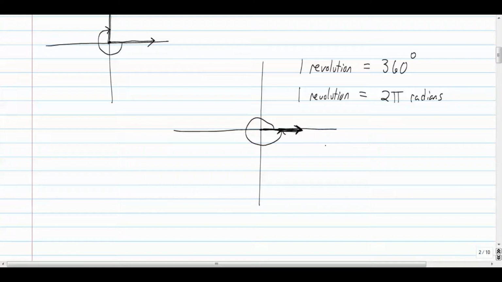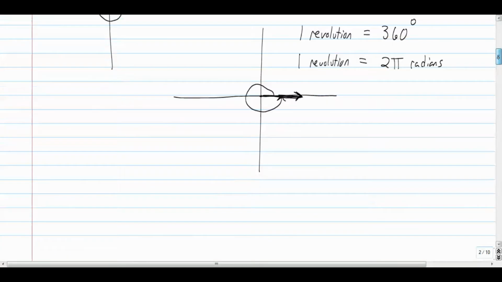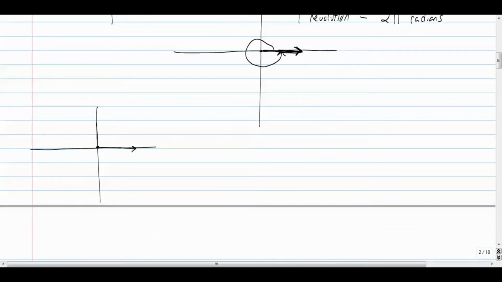We use that fact to help us identify multiples of 360 degrees or 2 pi radians to get other angle measures in the Cartesian coordinate plane. I can draw an angle measure like this and actually figure out its measurement by using the fact that I know the quadrants are 4 equal pieces.